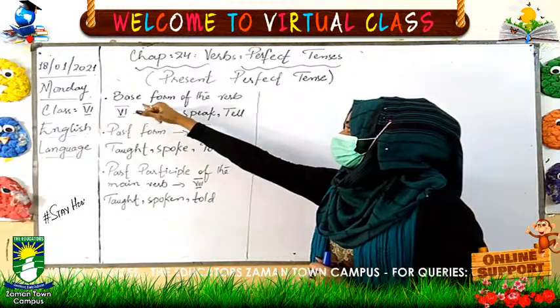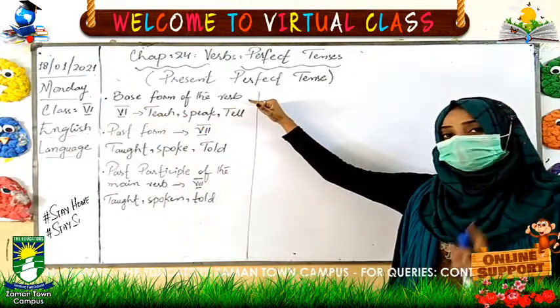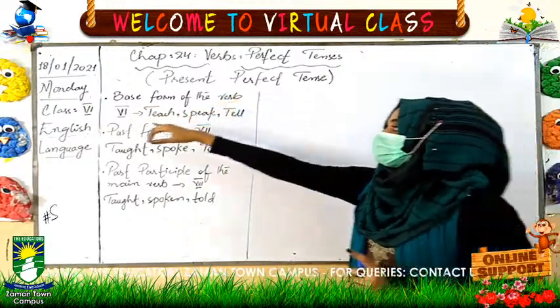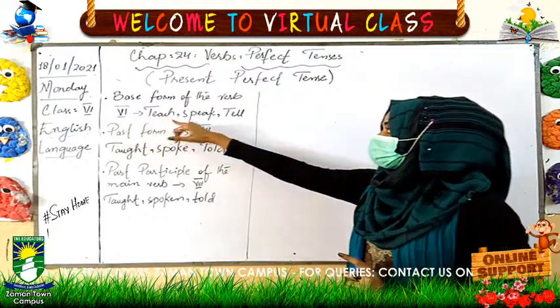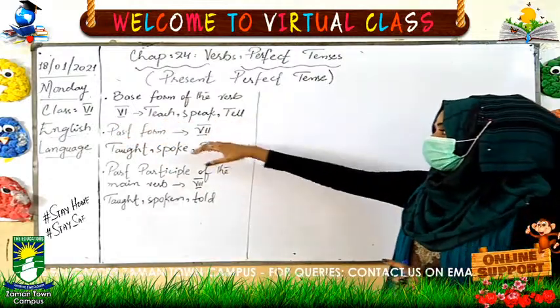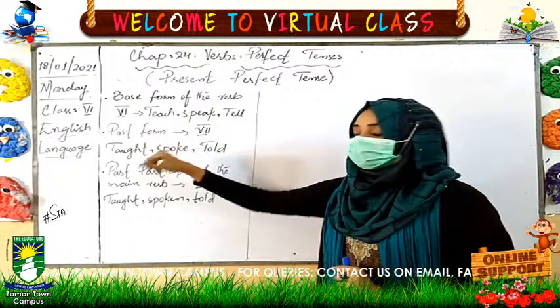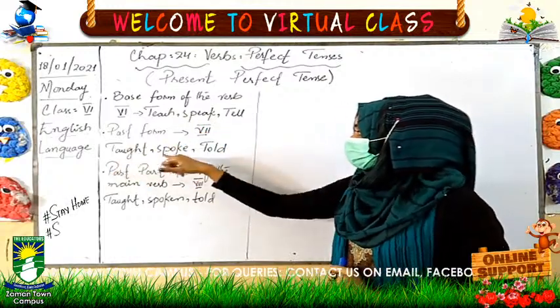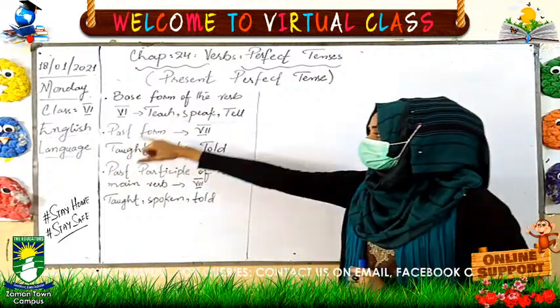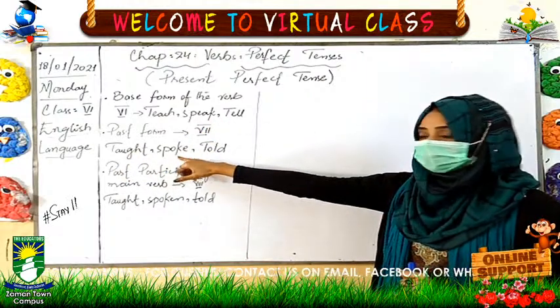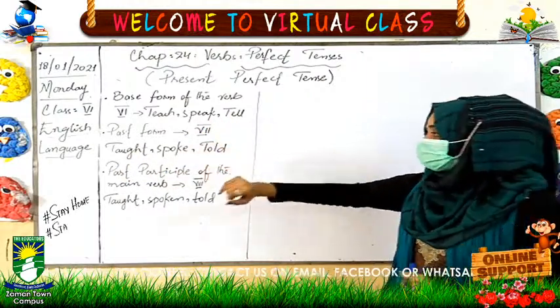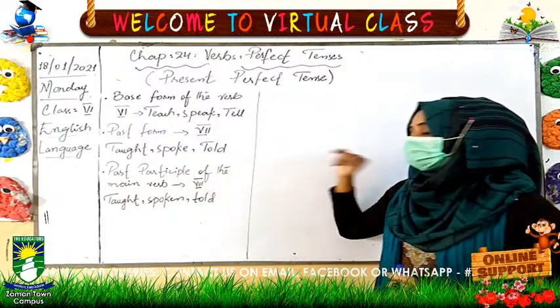As I have written here, the base form of the verb, we call it the first form of the verb. For example, teach, speak, tell. Past form, definitely the second form of the verb: taught, spoke, told. Then the past participle of the main verb.